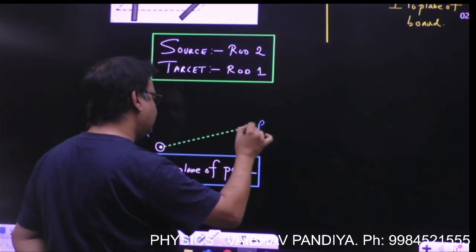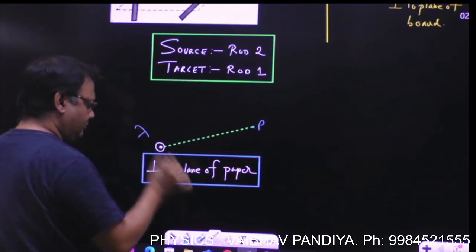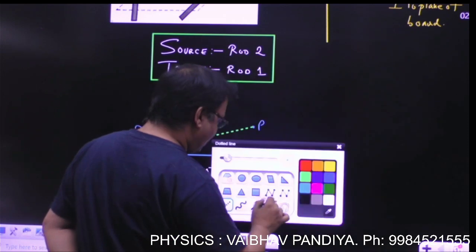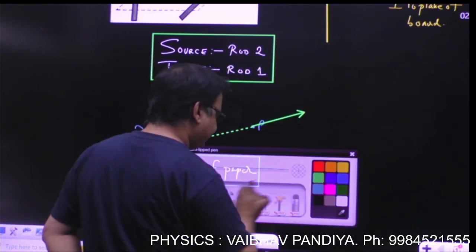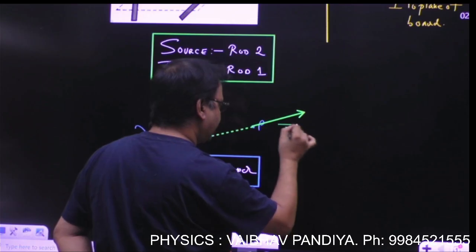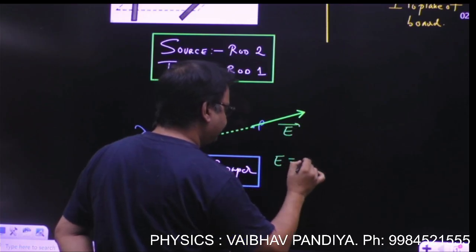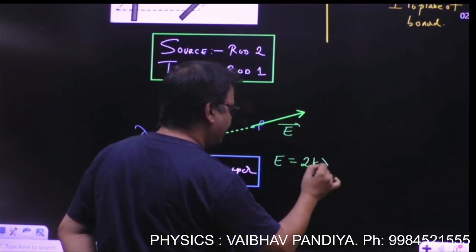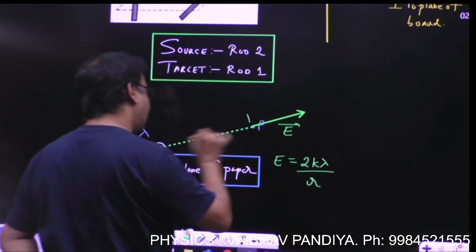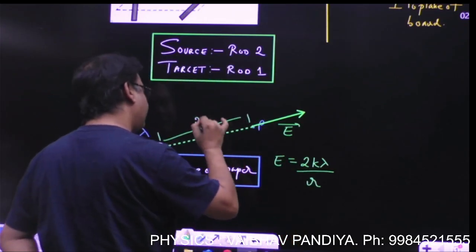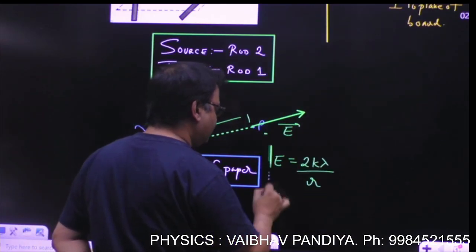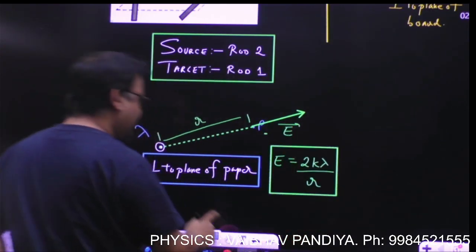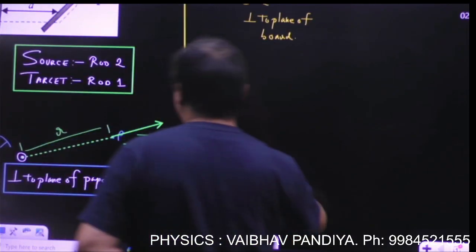First of all, we join the target point with the location of the wire, and then we take the outward direction and make the field like this, and the field magnitude is what? 2k lambda divided by r, where r is the distance between the wire and the target point. So this is the fundamental formula which will be employed.